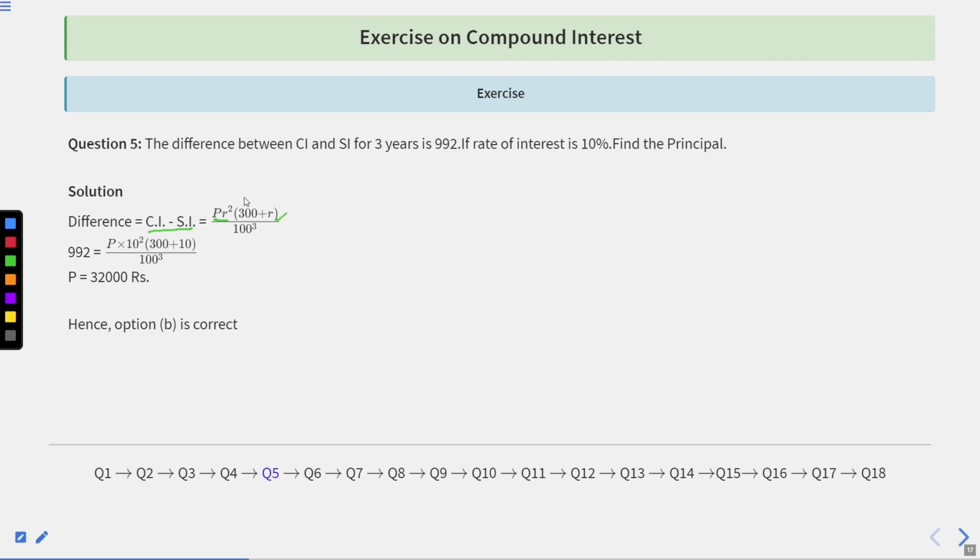This is the formula that we have already studied in our theory class. Now just substitute the values in the formula. The difference is 992, which is given in the question, and P into 10 square times (300 plus 10) upon 100 cube, which gives 32,000 rupees. So the correct option here is option B.